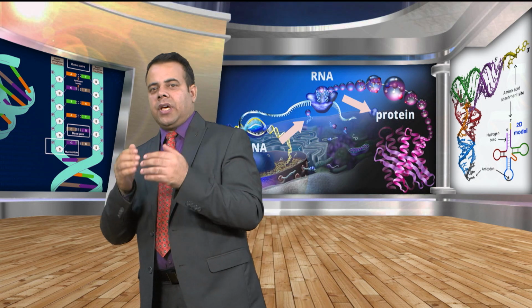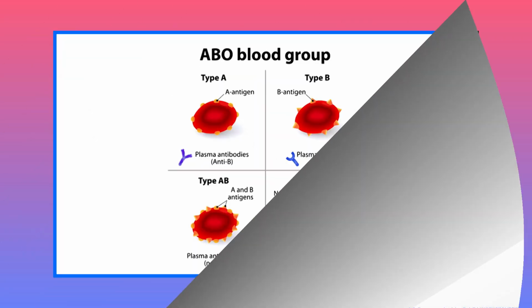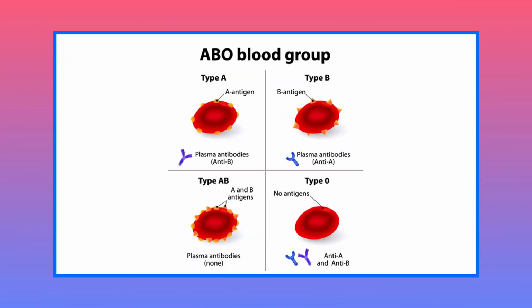So in addition to codominance, human ABO blood groups represent another deviation from Mendelian simplicity, that is multiple allelism, since there are more than two alleles, that is A, B and O, for this particular trait. So the ABO blood group is an example of multiple allelism and codominance at the population level.